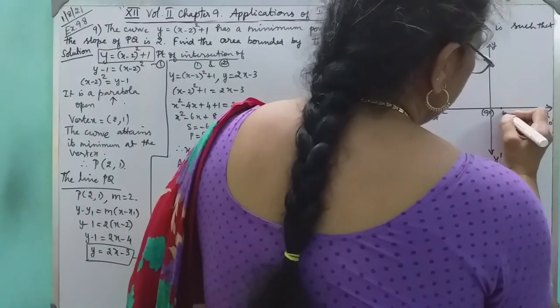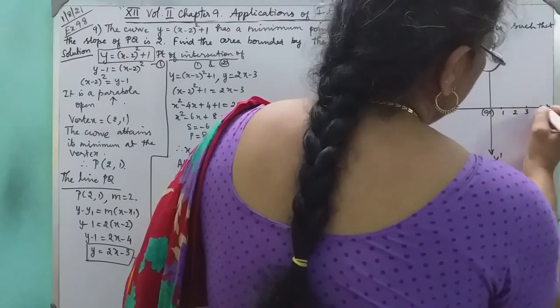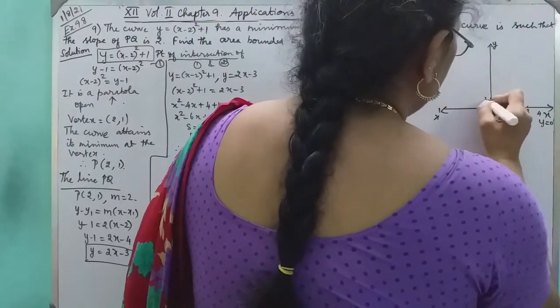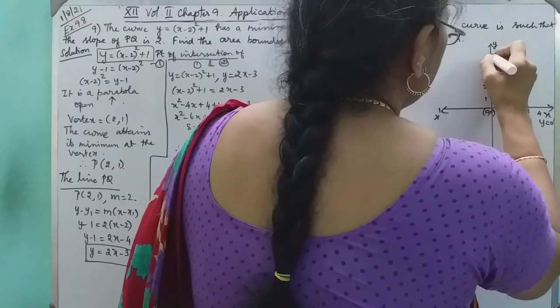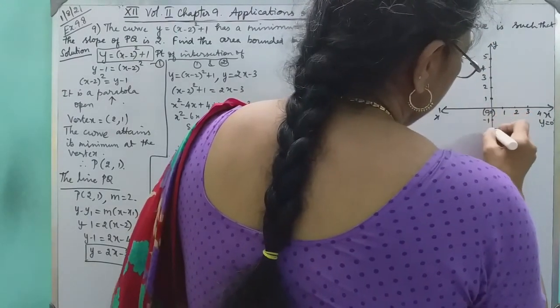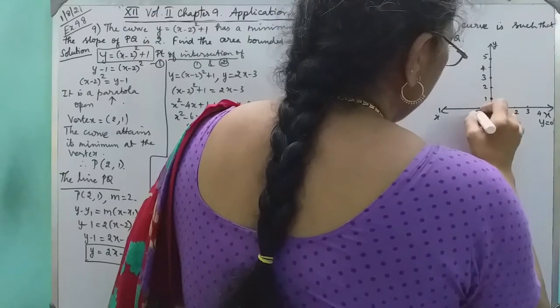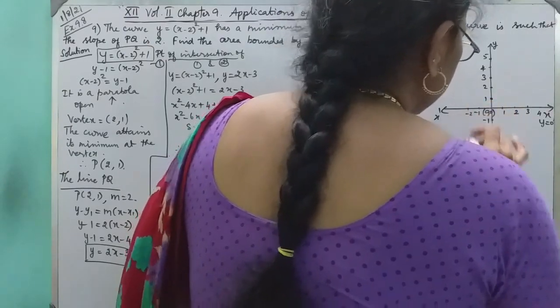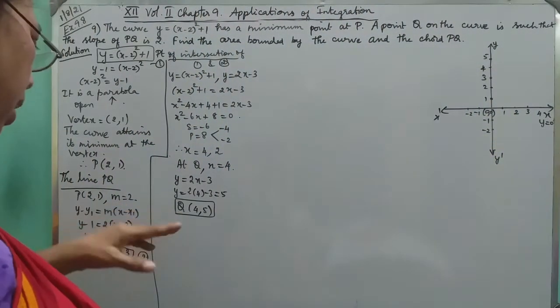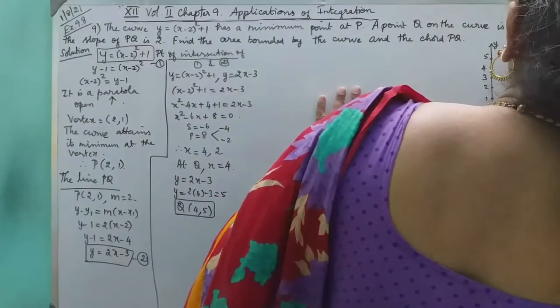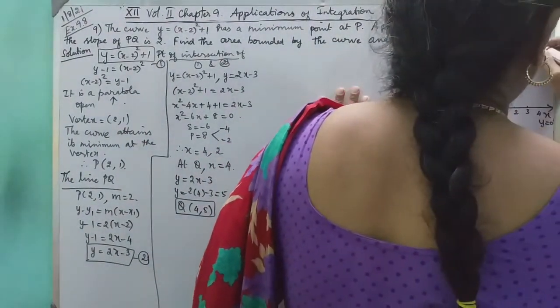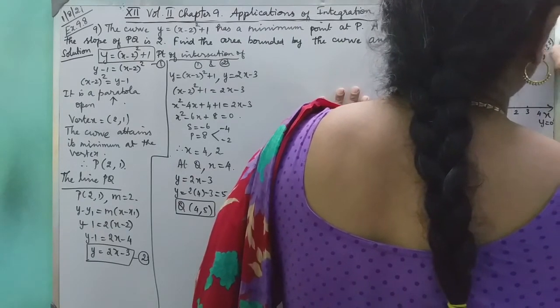So here 1, 2, 3, 4. Then here 1, 2, 3, 4, 5. This side we don't want. Let us just put 2 points. Now (4, 5) is here. So this is the point Q, namely (4, 5).